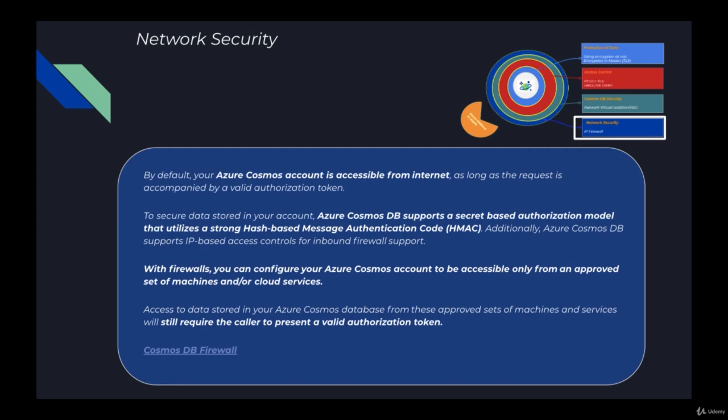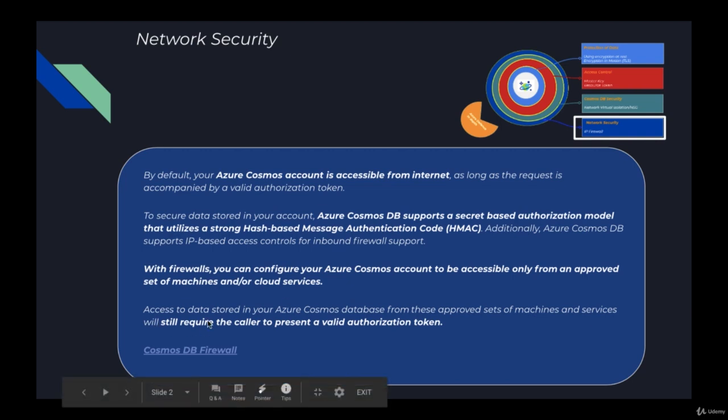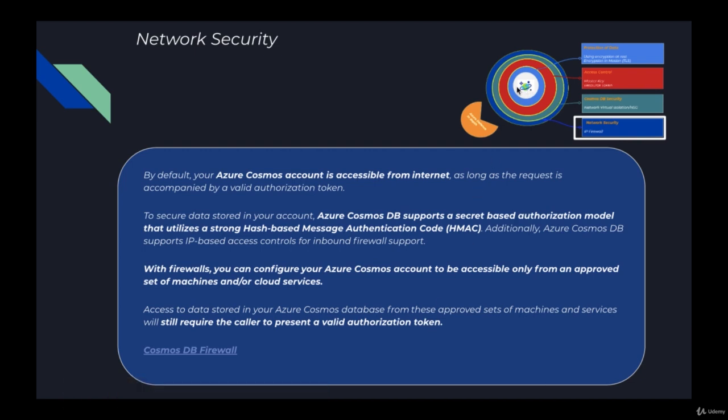You can also mention access from the Azure portal. Whatever access to the data stored in your Cosmos DB comes from these approved machines and services, they will still require the caller to present a valid authorization token. What does this mean? Let's say this is your Cosmos DB and you have allowed 10 IPs to access your Cosmos DB database.